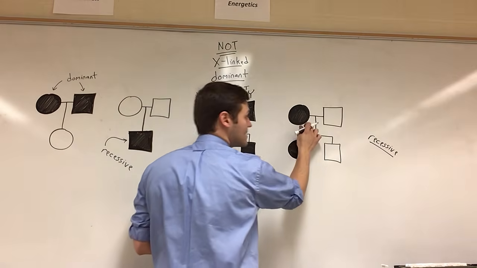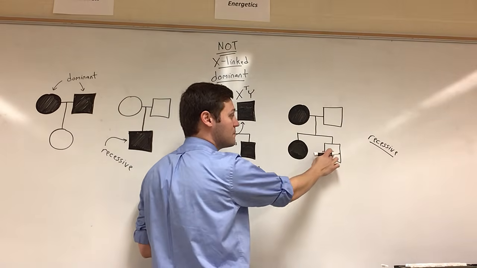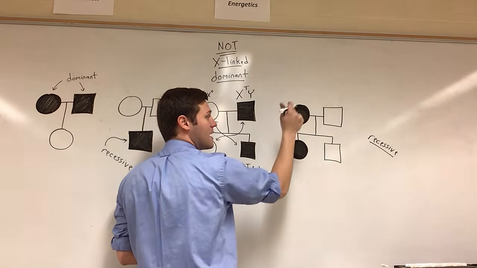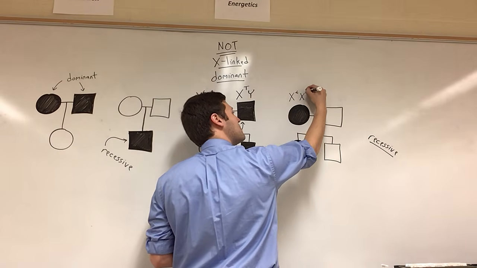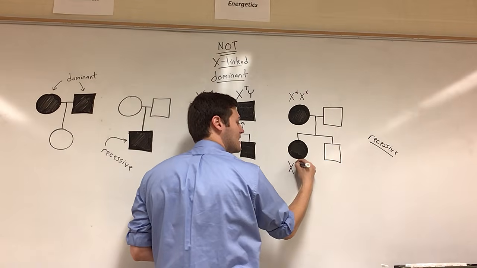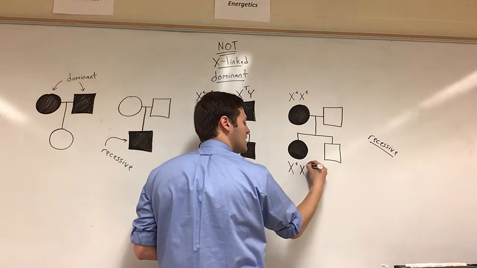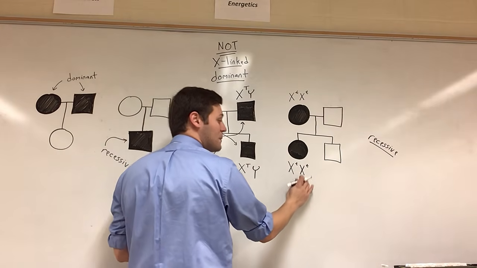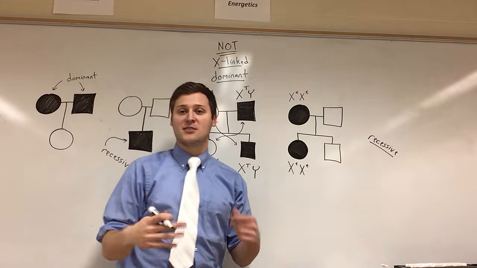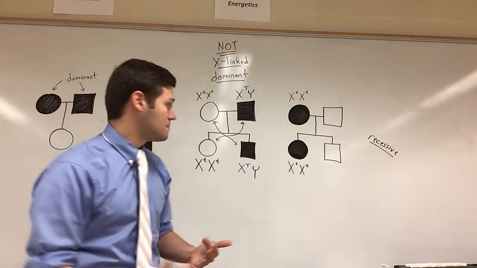So here we have an affected mother with an unaffected son. If this is recessive, again, these females, the only possible genotype they can have is X little t, X little t. If they had an X big T, X little t, or an X big T, X big T, they would not be shaded in because they wouldn't show the recessive trait.